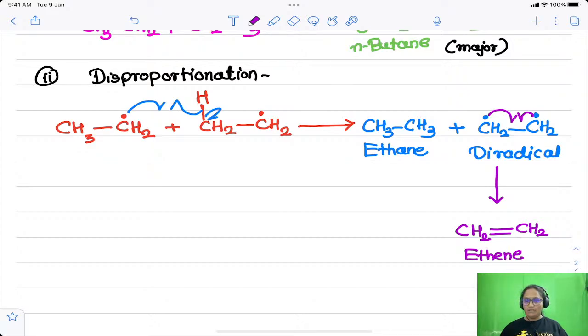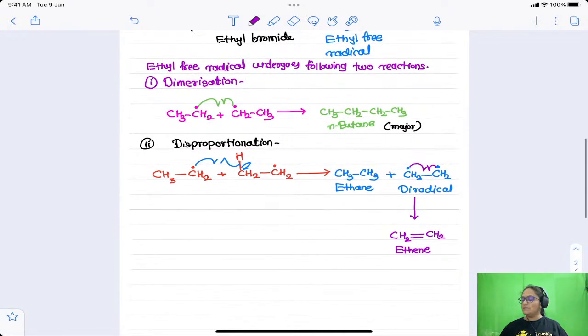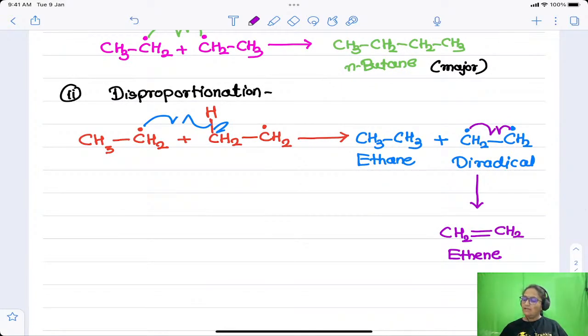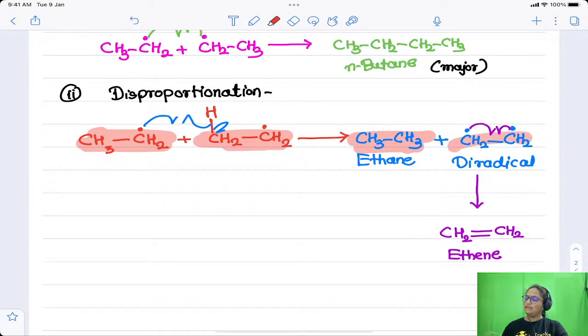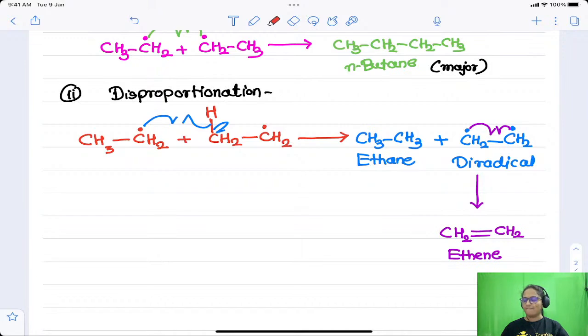You can see that in this disproportionation reaction, no new species is generated. The molecule is just rearranged somewhat, and we are getting ethane and ethene. Nothing new is generated. Therefore this is called a disproportionation reaction.